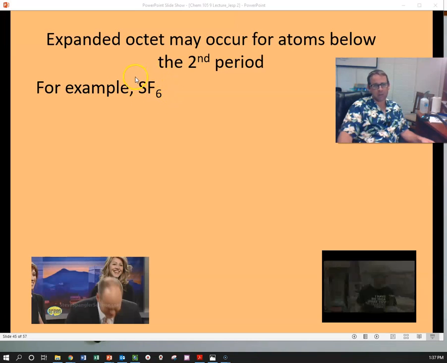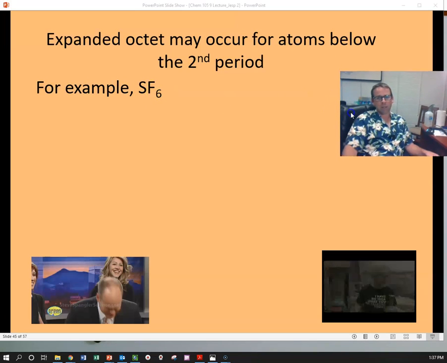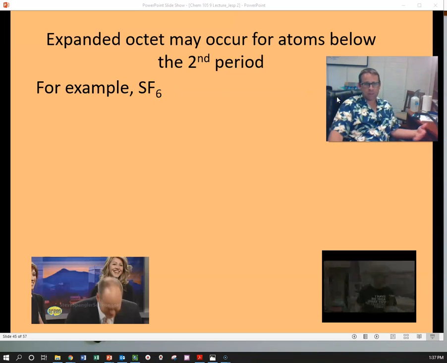So when they're making microchips and so forth, it's a very interesting material. It's an example of being able to recognize and predict the properties of a material based on its Lewis dot structure.